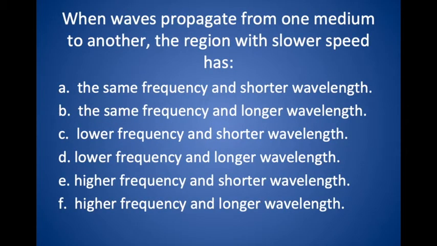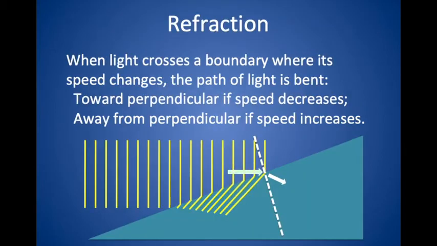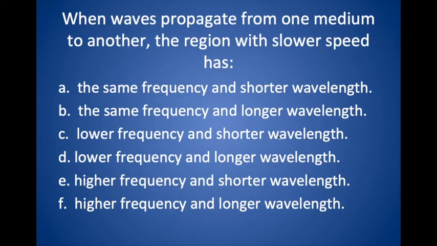But the frequency can't change. If you look on the boundary here, you have to have the same frequency on both sides of the boundary because the wave crest is continuous. So the frequency doesn't change. Okay, so you have to have the same frequency and a shorter wavelength, and of course a slower wave speed.